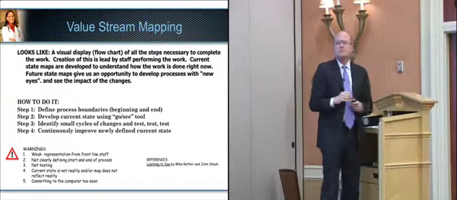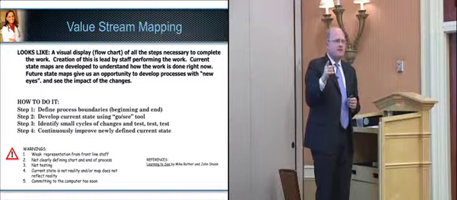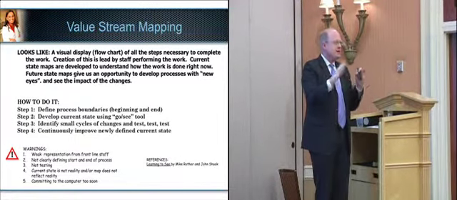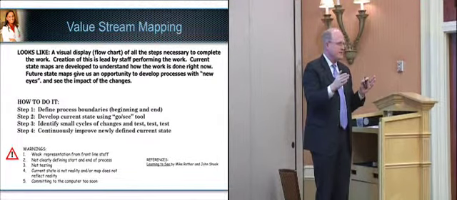All right. How to do it? One of the key pieces of any lean project is to identify your boundaries. You have to have a very tight scope on these projects.